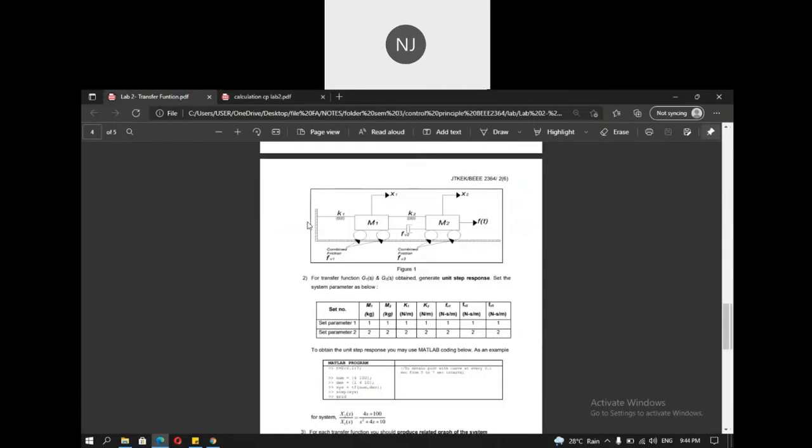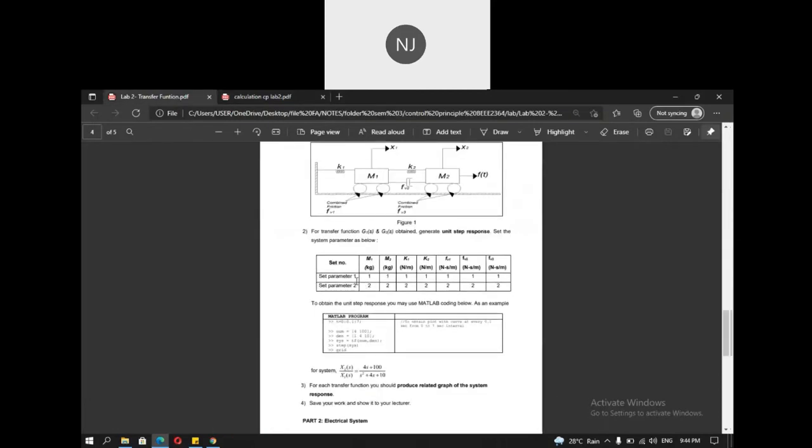Then from the given parameters, from parameter set 1, we can substitute the values for A, B, C, and D. For example, for parameter 1, A equals s squared plus 2s plus 2, B equals C equals negative s plus 1, and D equals s squared plus 2s plus 1.